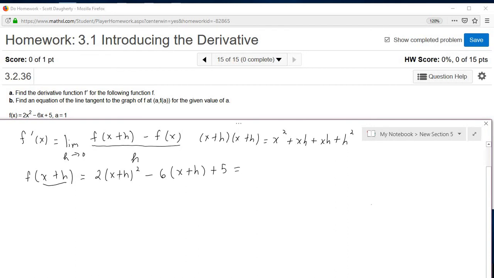Okay, so that's what you get when you FOIL this out. And then we have to multiply that by 2. You have x times h plus x times h, that's really 2xh. Then I'm going to distribute the negative 6, so you get negative 6x minus 6h, and then plus the 5.